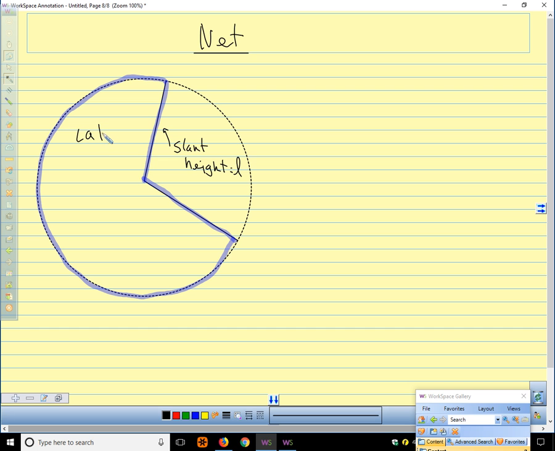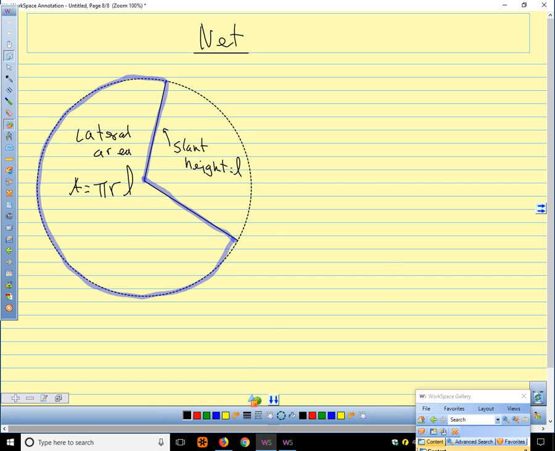The lateral area, area of the side, when I find the area of that sector, I get pi r L. And r there, let me get my base on here.